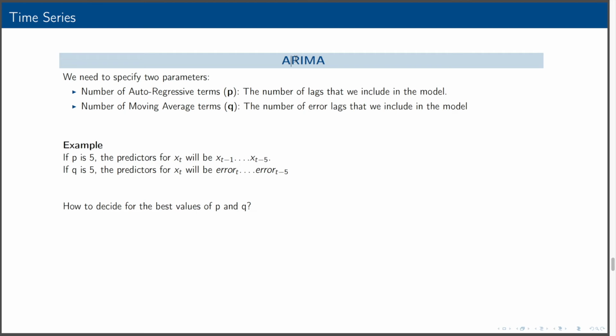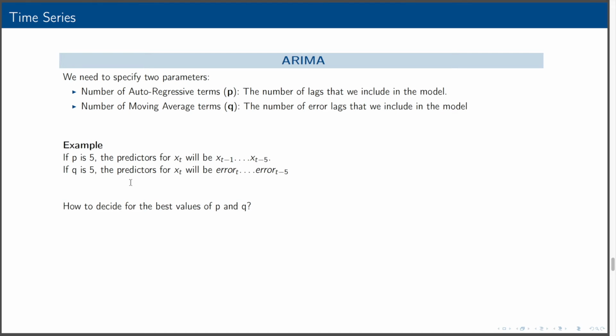Autoregressive is the AR, moving average is the MA. And the I is missing. Where is the I? So P is the number of lags that we include in the model. Lags means previous time steps. And Q is the number of error lags that we include in the model.